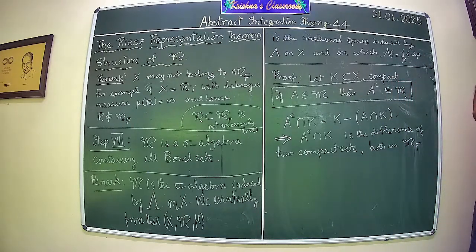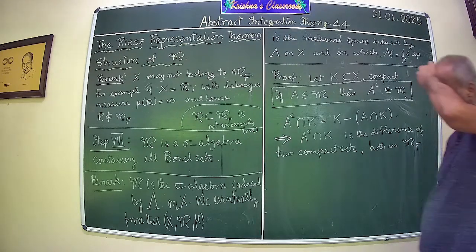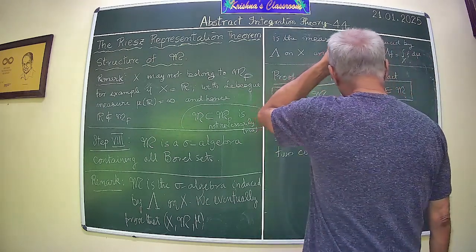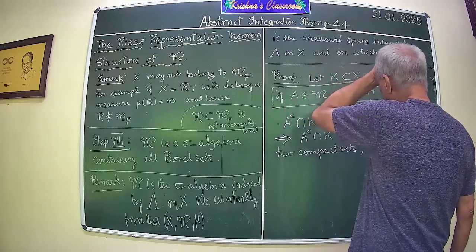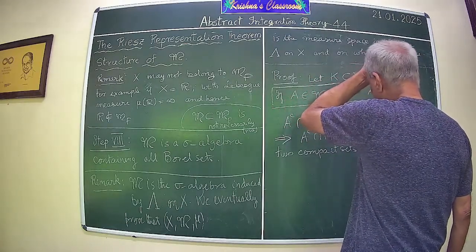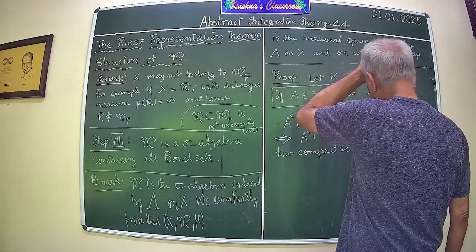Because A intersection K is what? I cannot say it is compact.